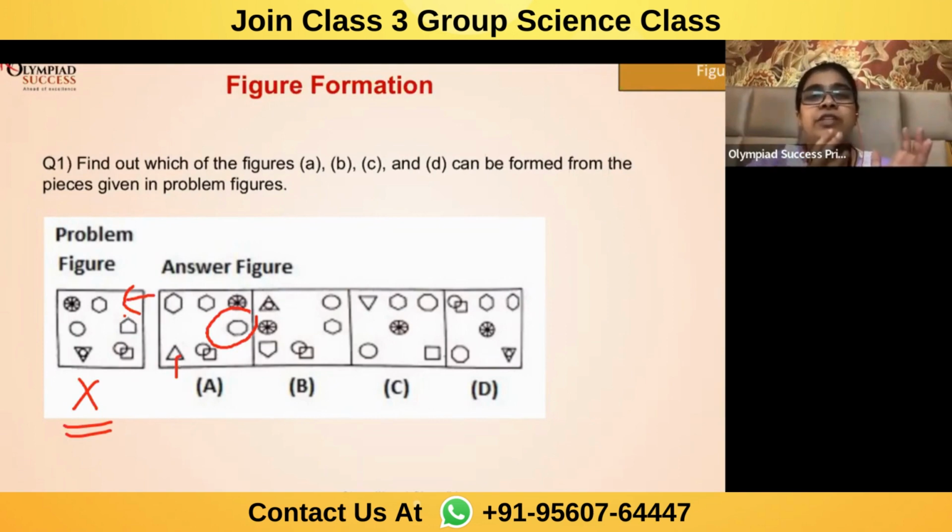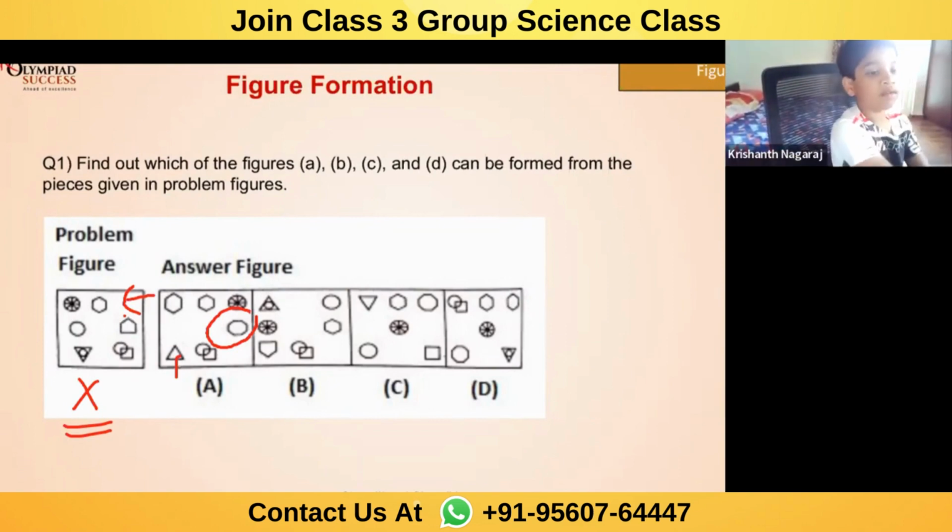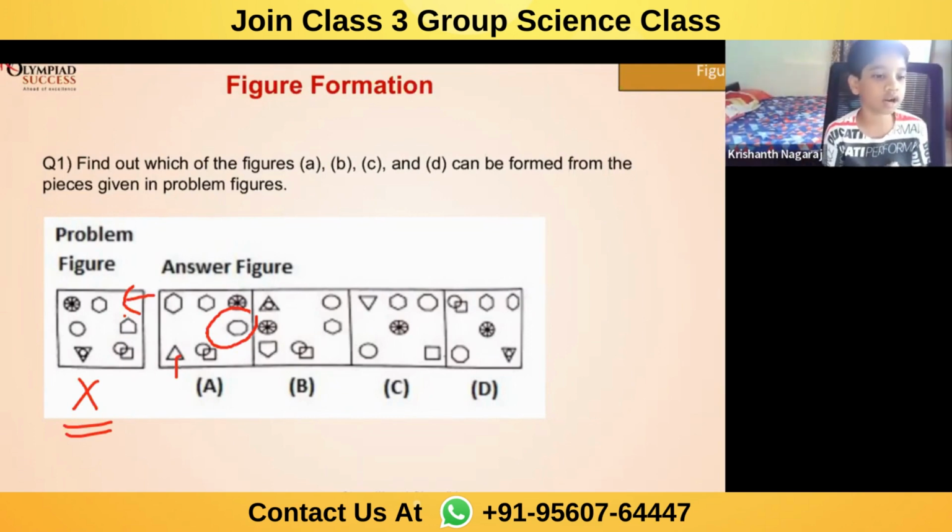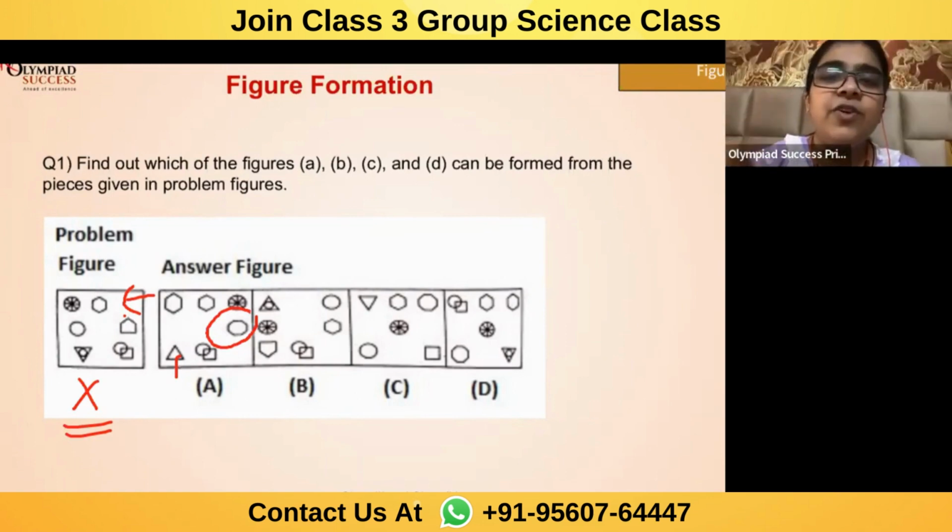There's a circle here, there is no circle here. There's an octagon, correct, Krishan? And there is a hexagon here and a pentagon here. But in this figure, there are two hexagons, no pentagons. Very good, Krishan. So that makes option A the wrong answer. Thank you, Krishan. Keep it up.